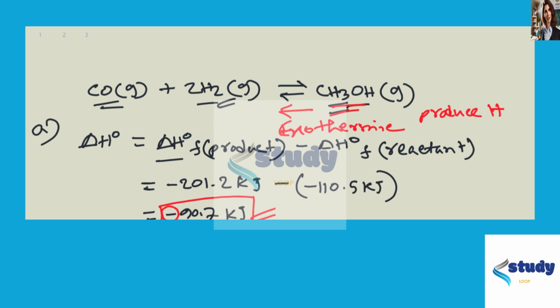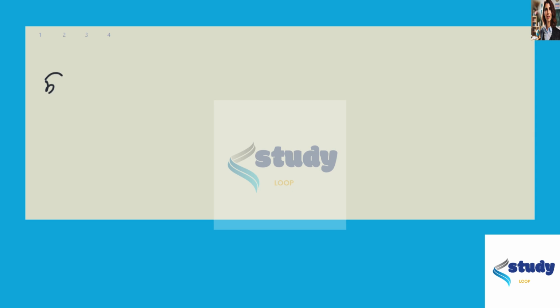And if we have low temperature, it will produce more products, which will also produce some heat and increase the temperature. That means in this case, low temperature will maximize the equilibrium yield of methanol. So for part B, the answer is low temperature will favor the maximum yield of methanol.